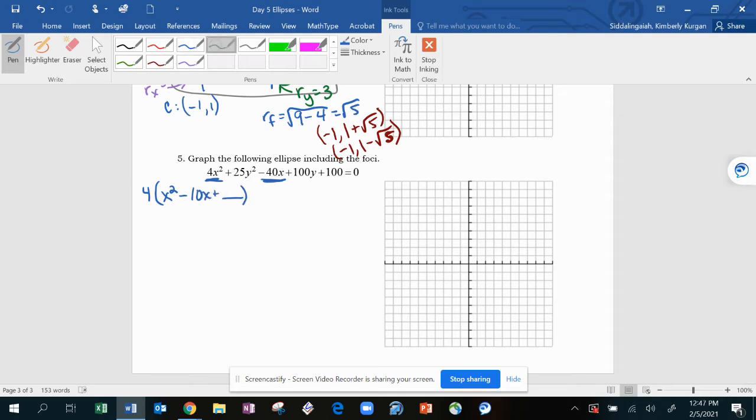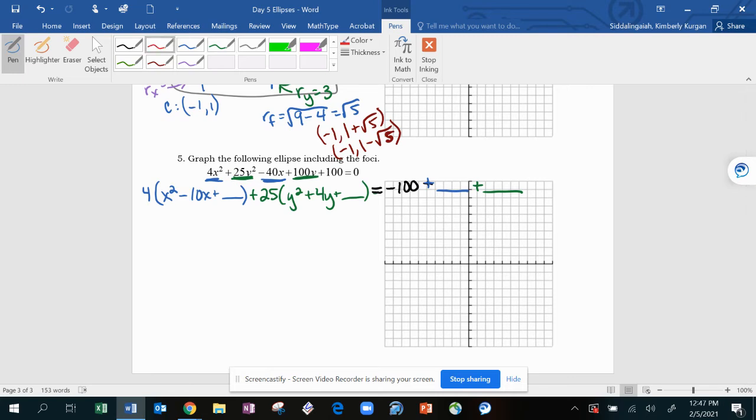And if I'm looking at the y's, I want this to be 1y squared, so I'm going to take out that 25. That's going to make this 100y into a 4y. And then I'm going to move the 100 to the other side, so -100. And then we're going to do plus a blank for the blue, plus a blank for the green.